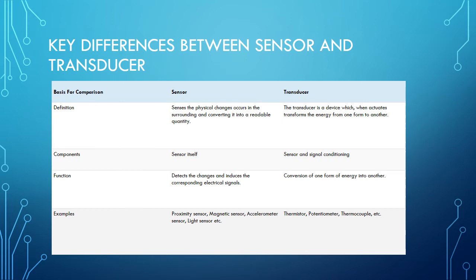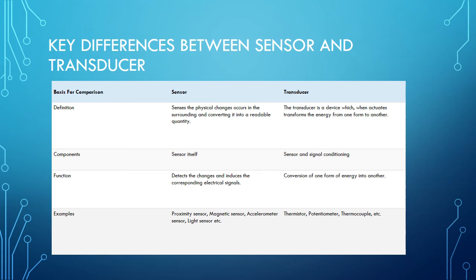Now, let's discuss the key differences between sensors and transducers. Here are some key differences between the sensors and transducers. The sensor senses the physical changes in the surroundings, whereas the transducer transforms one form of energy into another.